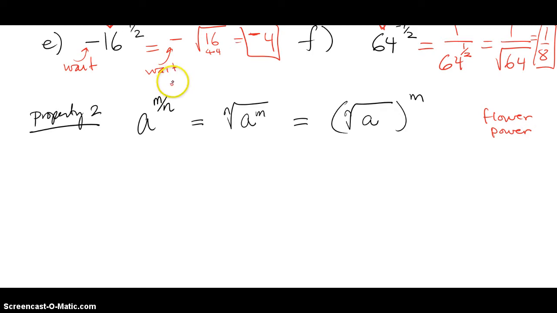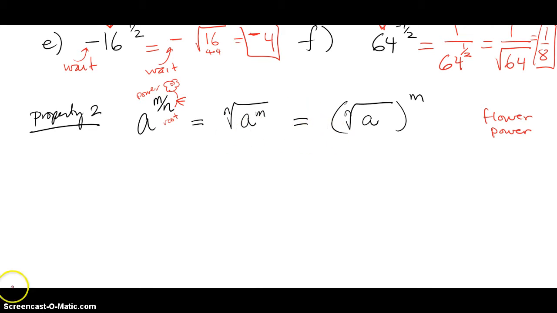So if you think of flower power, imagine a flower next to the power, a flower next to the power, and whatever's above with the flower is the power, and whatever's with the root is actually the root of the problem, the nth root. So power and flower above, root in the bottom. If you just remember that, then these two pieces are not going to be that hard to remember.